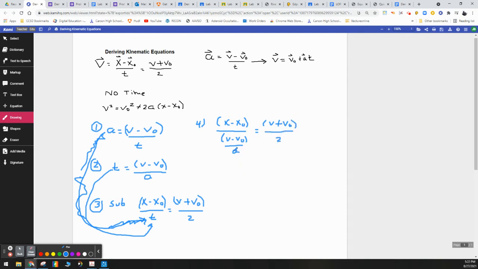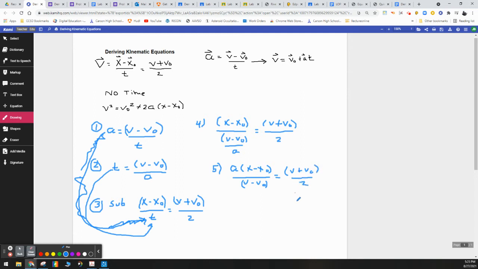We can do a quick simplification here to help us out, maybe bring the a up here. So we have a times x minus xo, divided by v minus vo, and that's going to equal v plus vo, in parentheses, divided by 2.